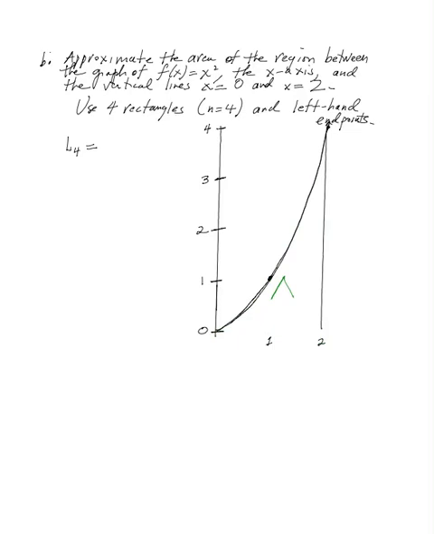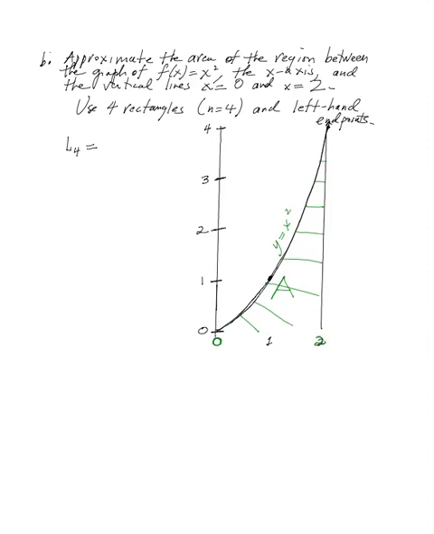So what we're trying to do is approximate the area of this shaded region, A. It's the region between the x-axis and this graph of y equals x squared, on the interval on the x-axis from 0 to 2. That is between the vertical line x equals 2 and x equals 0.